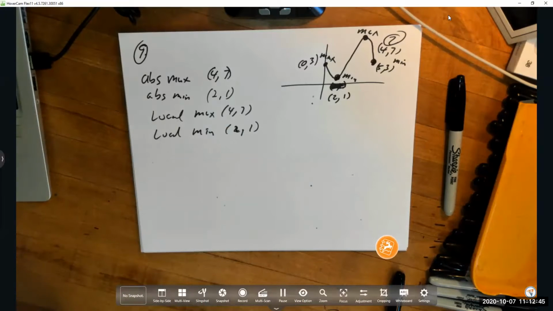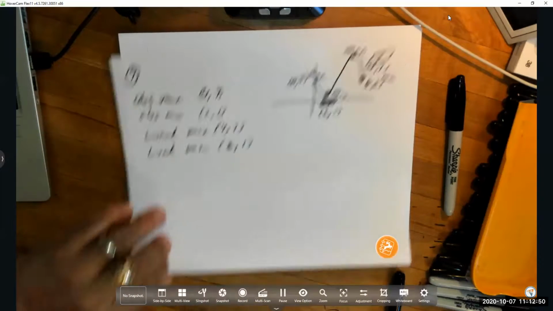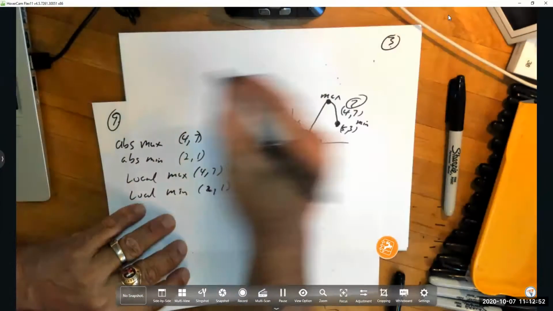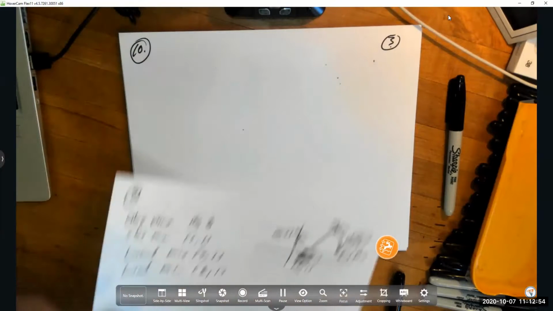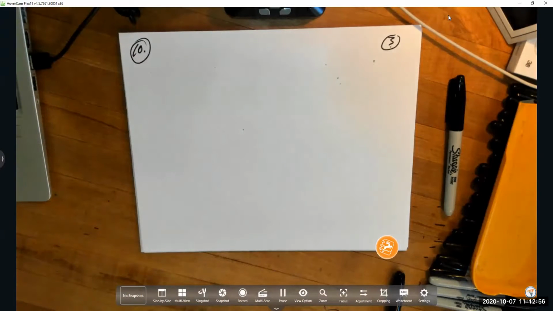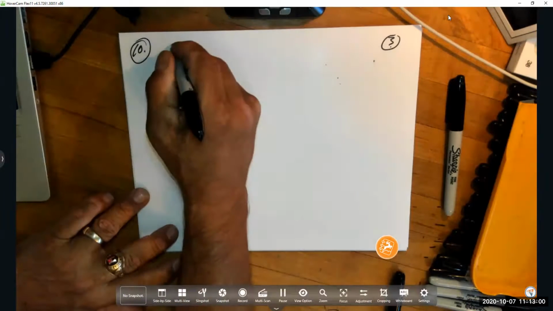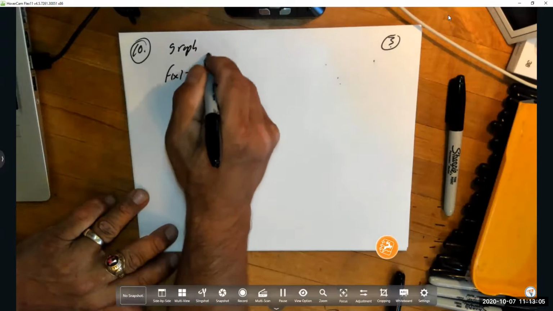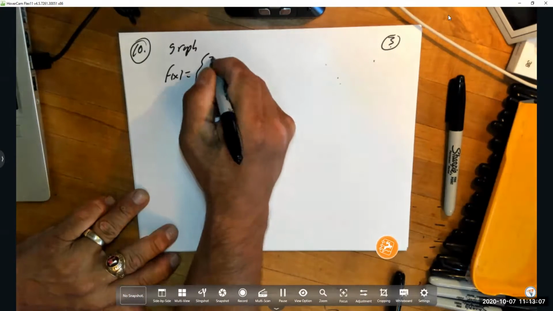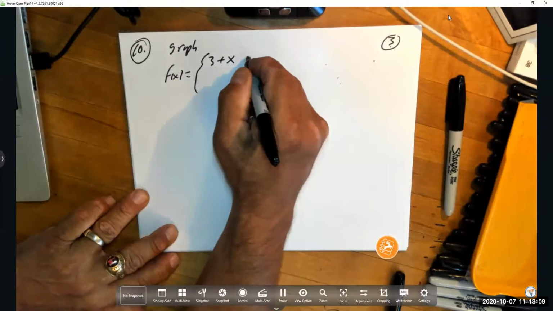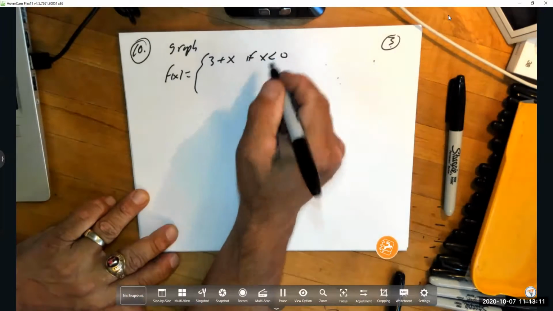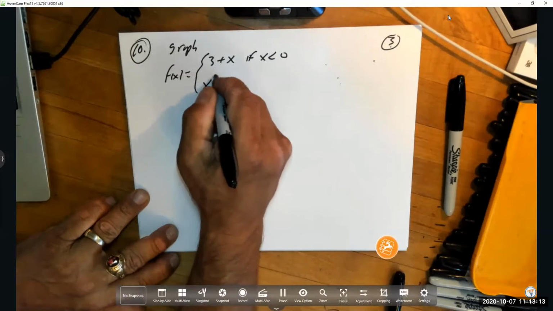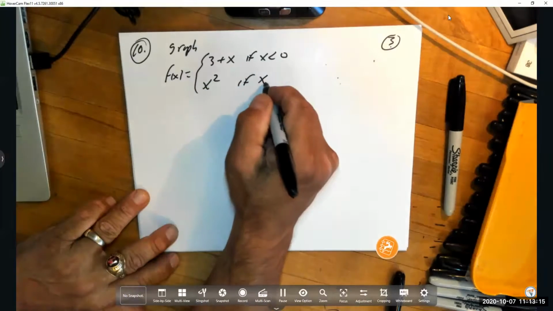All right. We go to the next one, number 10. Graph number 10. It says graph f of x is two parts: 3 plus x if x is less than 0, and x squared if x is bigger than or equal to 0.